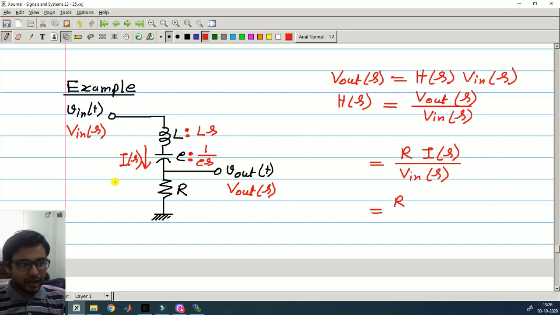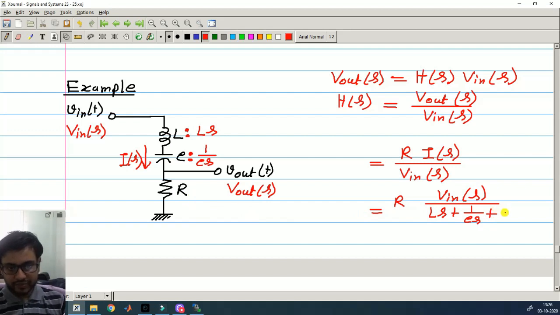Now I is given by the input divided by the total series impedance, so that is V in(s) divided by Ls plus 1 by Cs plus R, whole divided by V in(s).